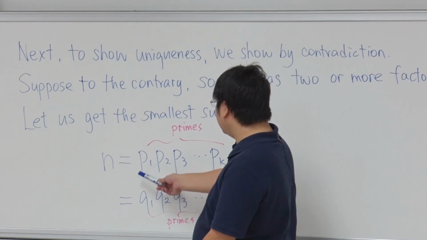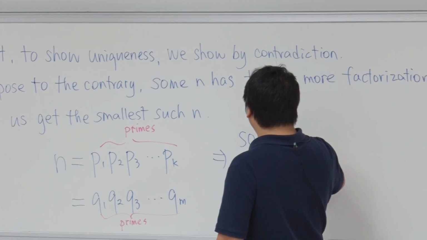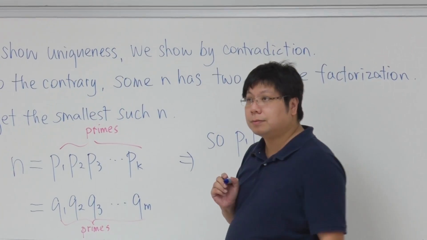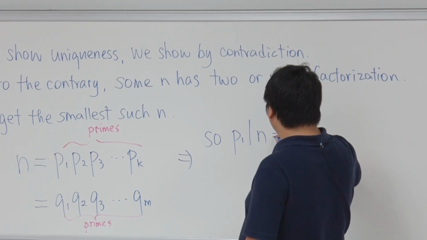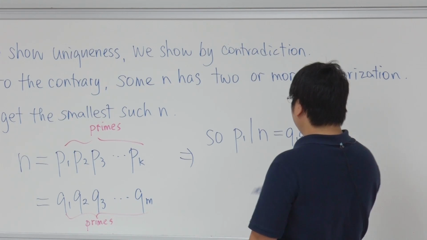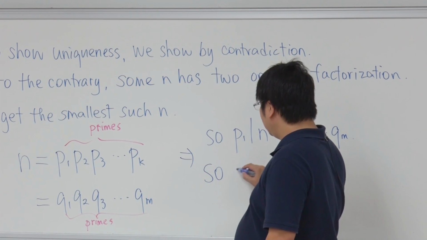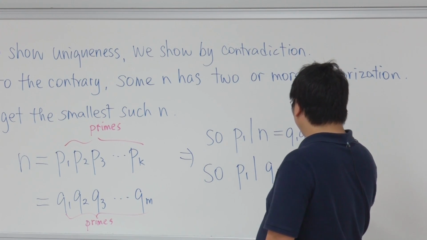So here, let's take a look. We know that p1 divides n, and n is equal to q1, q2, up to qm. So p1 divides qi for some i.